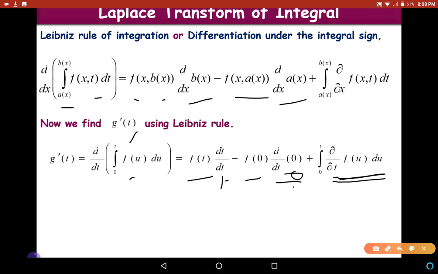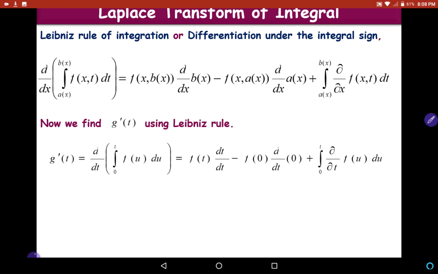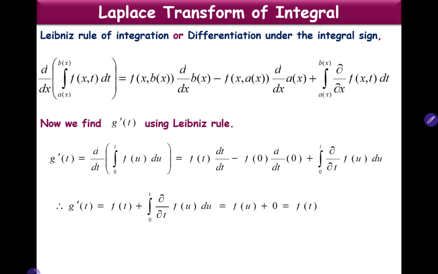The partial derivative of f of u with respect to t becomes 0 because there are no t terms here. So this goes to 0. Therefore this is equal to f of t. This is 0 and this is also 0. So it is f of t. Therefore, g dash of t is equal to f of t.